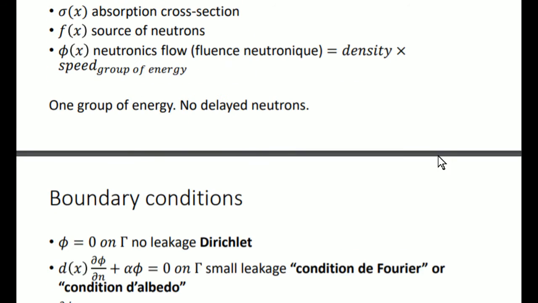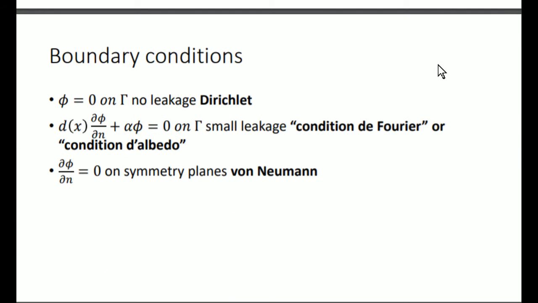So, boundary conditions. The PDE presented earlier is not perfectly described as it needs to have boundary conditions. The first one is that the flow on the exterior surface, which we'll call gamma, will have no leakage, so no neutron will leave the reactor.